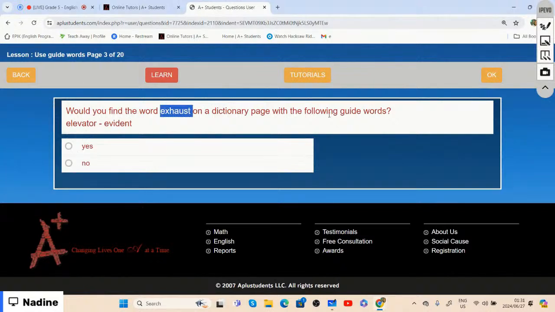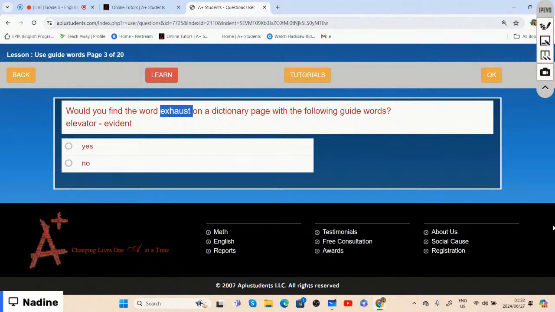Will you find the word exhaust anywhere between elevator and evident?